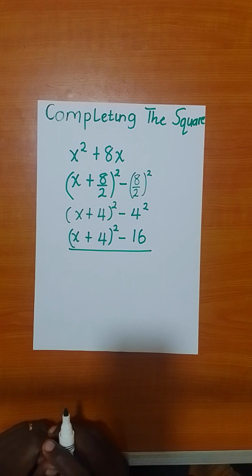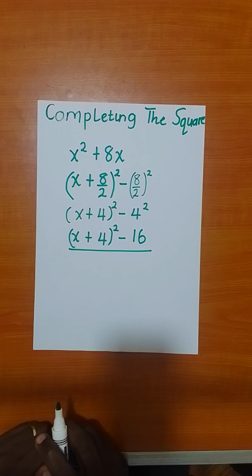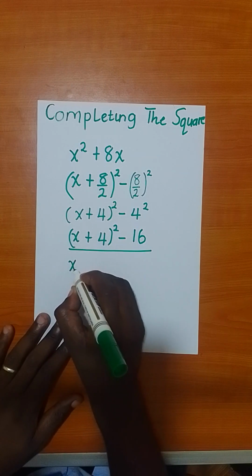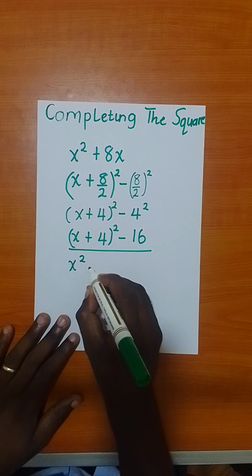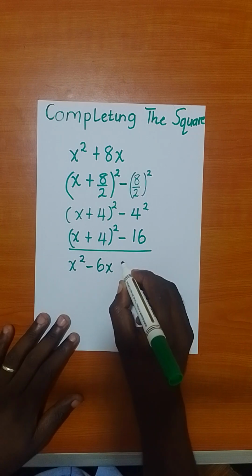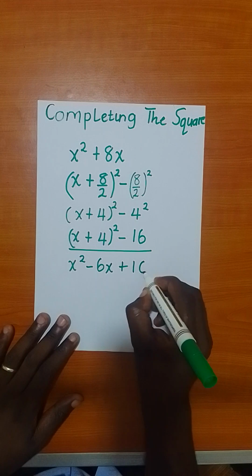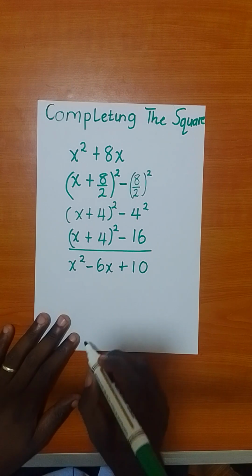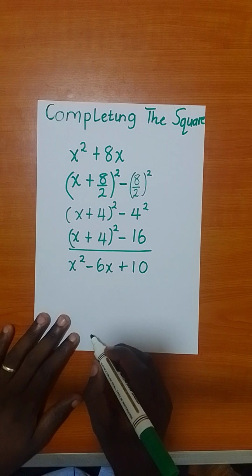Let's introduce a constant in a quadratic function. Suppose you have x squared minus 6x plus 10. You basically follow the same process that we have done in the example above.